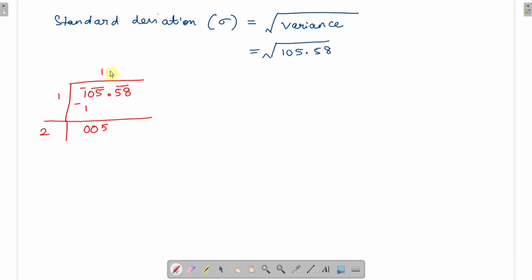Okay, so here you have to take 0, right, and then this 58 we have to take down, but there was a point, so point here, right. So now let us see 20, 3 into 3. Now this will be quite small.